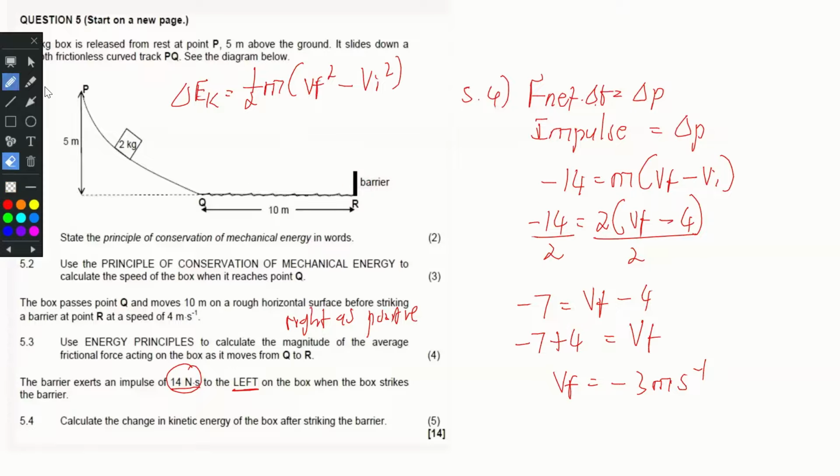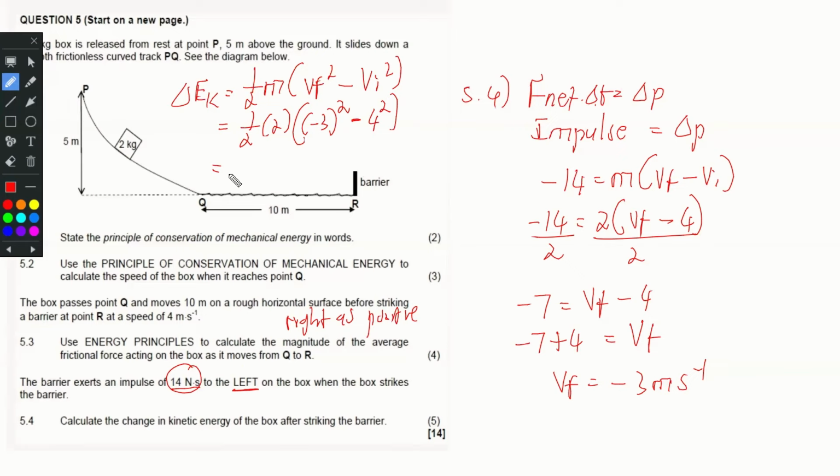So it's just a matter of now saying half, the mass is 2. The final velocity is now the one that we calculated here, but then note how we substitute that. We need to say negative 3 and then square minus what? The initial velocity is what? 4. So that's 4 square. And then we simply just going to punch all of that into the calculator, half, and then 2.